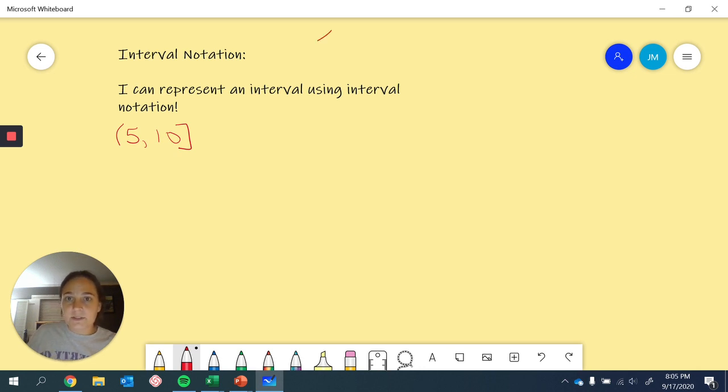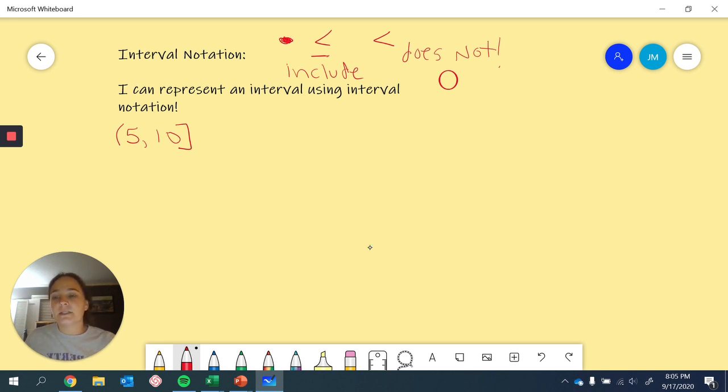Just like yesterday, when we were talking about the difference between the inequalities, this line below includes the number, and this one does not include it. So here you would use an open circle, and over here, the including, it would be a closed circle. That same idea applies here.